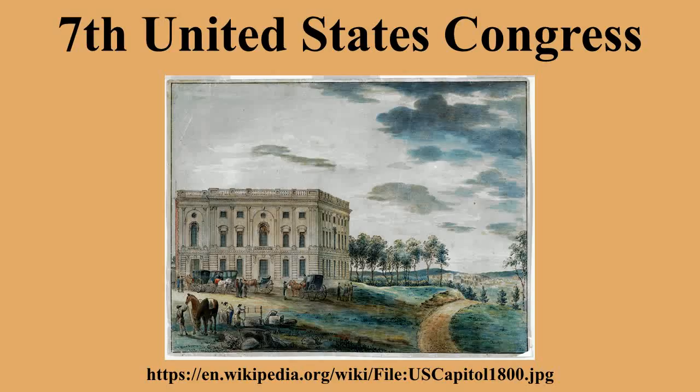In this Congress, Class 1 meant their term ended with this Congress, requiring re-election in 1802. Class 2 meant the term began in the last Congress, requiring re-election in 1804, and Class 3 meant the term began in this Congress, requiring re-election in 1806.